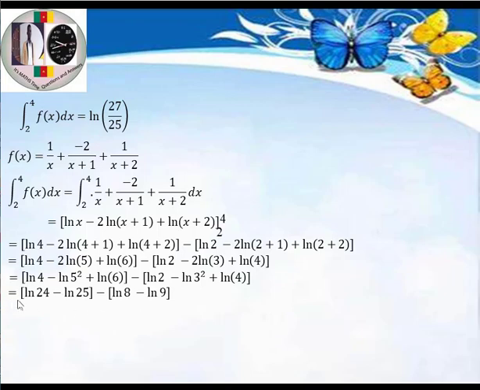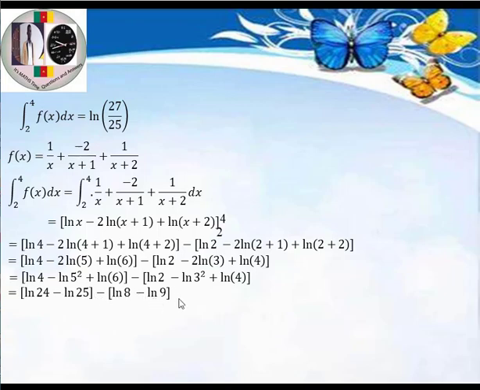Now we can open up all of these brackets. So we are going to have ln 24 minus ln 25. If this bracket is being opened, the negative sign is going to affect ln 8 and minus ln 9. So it will change the sign of minus ln 9 to positive ln 9, because minus times minus will give us positive.